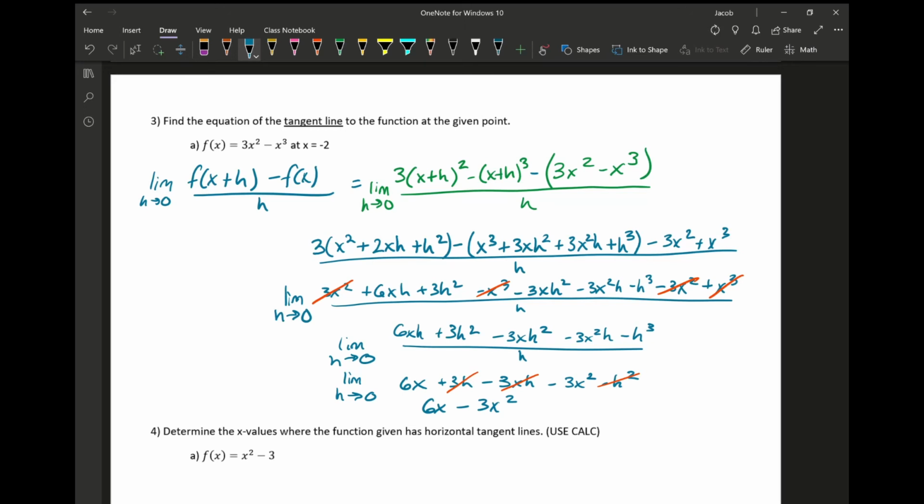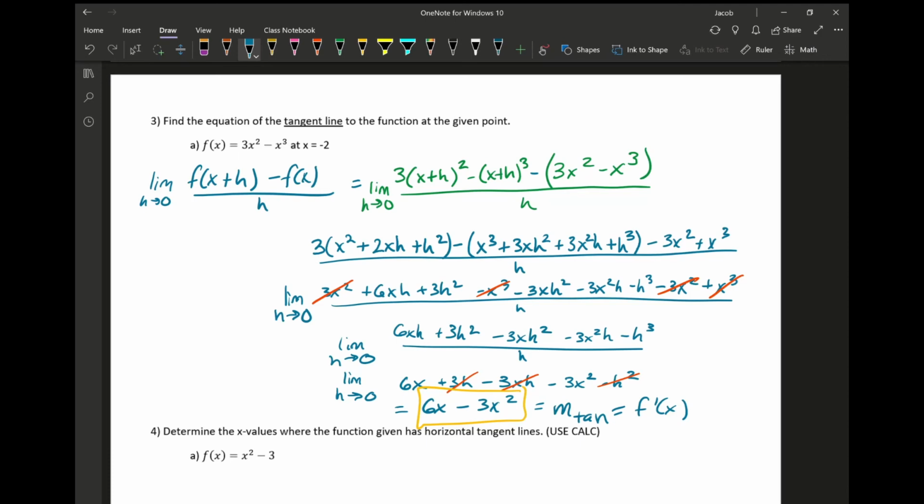So this is the limit as h approaches 0. Yay. So that represents my slope. That's what we're finding. And we need that slope to find the equation of the tangent line.